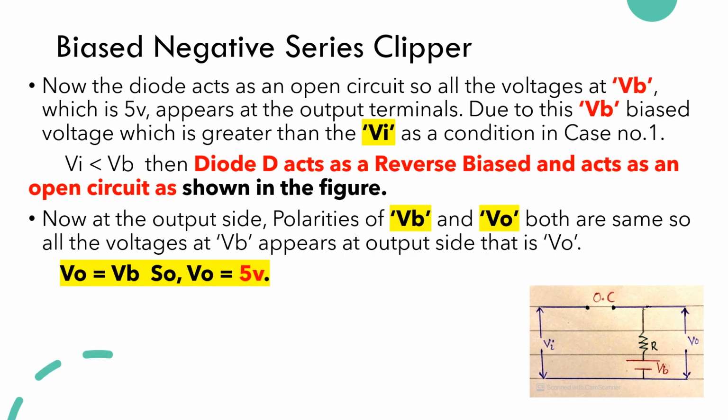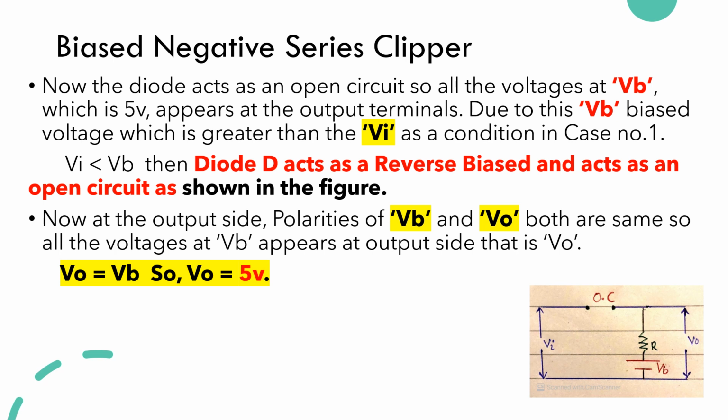Now the diode acts as an open circuit, so all the voltage at VB, which is 5 volts, appears at the output terminals. Due to this VB, which is greater than VI as the condition in case number 1, the diode D acts as reverse biased and acts as an open circuit as shown in the figure.